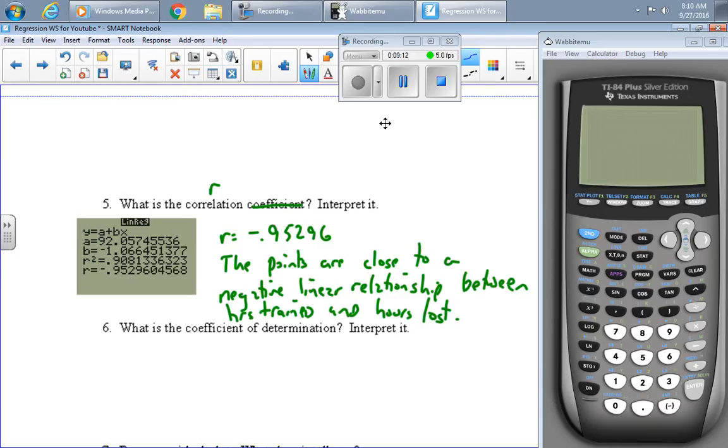The coefficient of determination is R squared, and so R squared is always non-negative. In this case, it's 0.908.